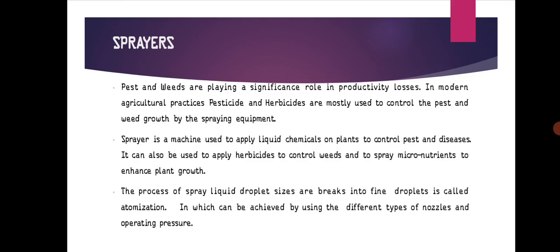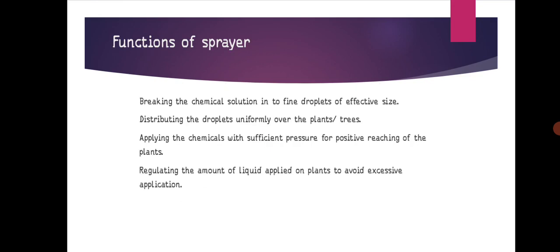It can also be used to apply herbicides to control weeds and to spray micronutrients to enhance plant growth. The process of breaking spray liquid into fine droplets is called atomization, which can be achieved by using different types of nozzles and operating pressure.